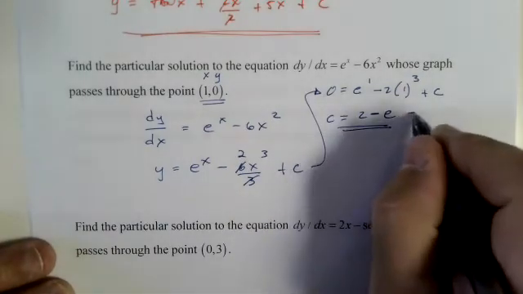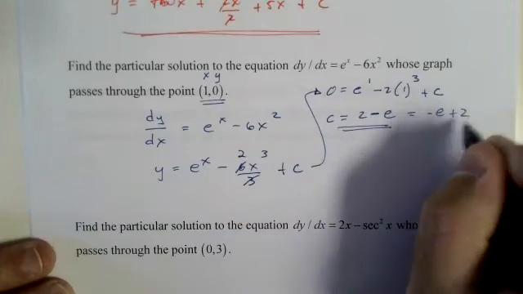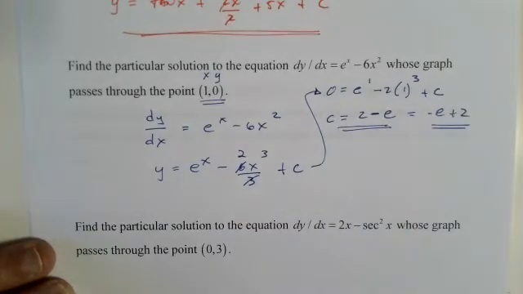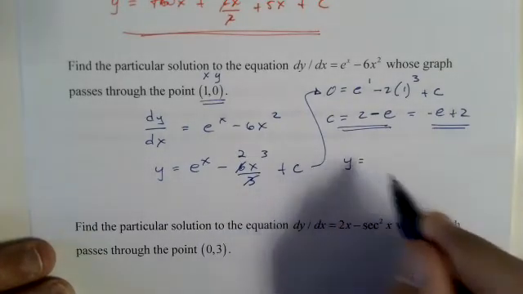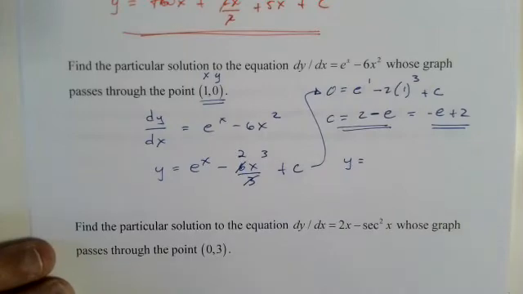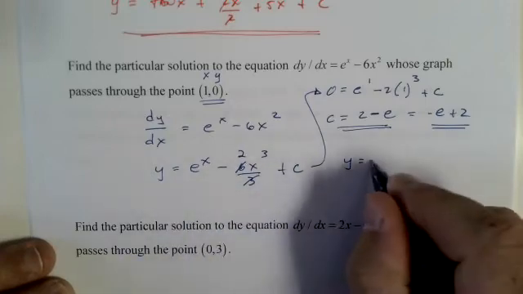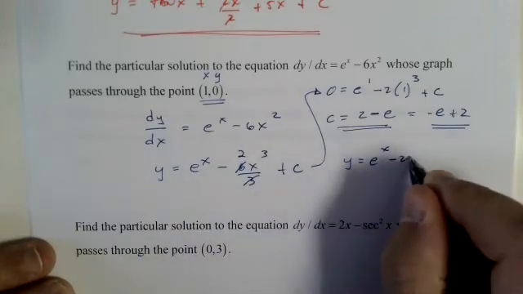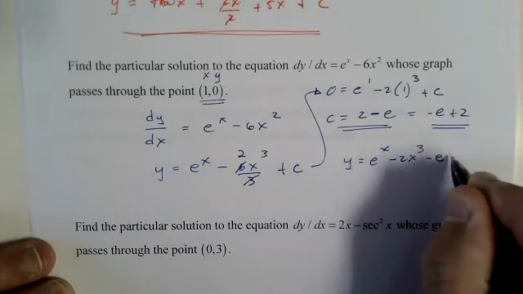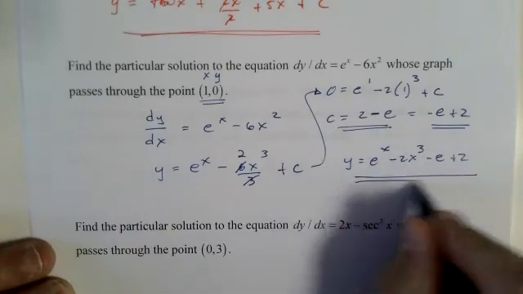Interesting. I think we'd like to put the e first. It doesn't really matter. So we get y equals, yeah, I'll do this problem down here the other way. Y equals e to the x minus 2x to the third minus e plus 2.